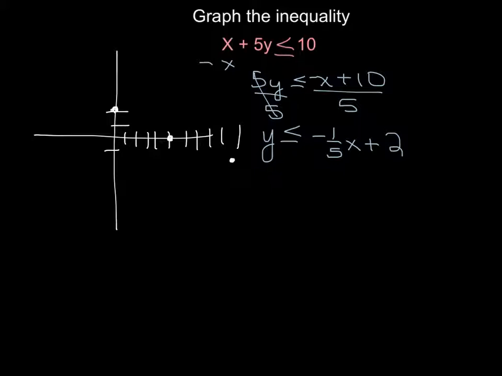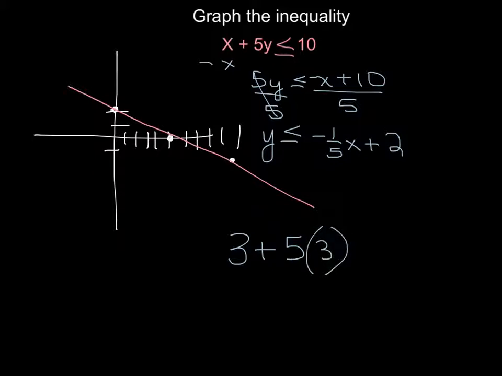Now, this inequality is including, so we're going to have a solid line for this graph, and mine's not perfect just because I'm sketching. But now you have to determine what side of the graph has to be shaded in, and if it includes the point. So I'm just going to select a point, and let's say that we select the point 3, 3. I go back to my original inequality and plug in: 3 plus 5 times 3 is less than or equal to 10.